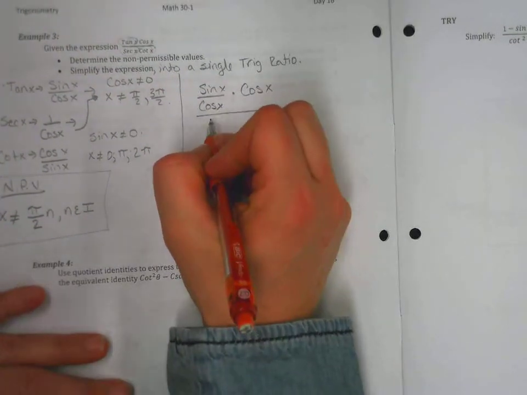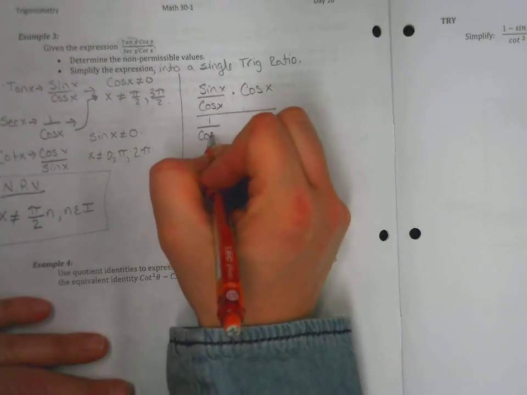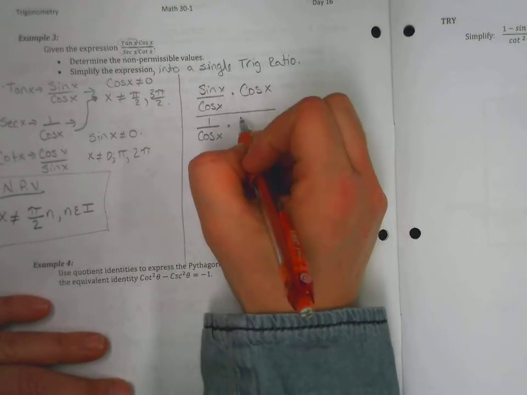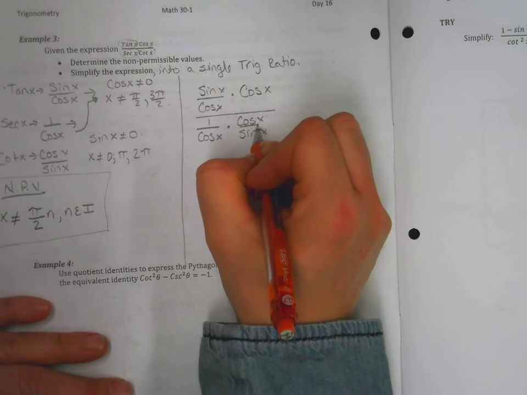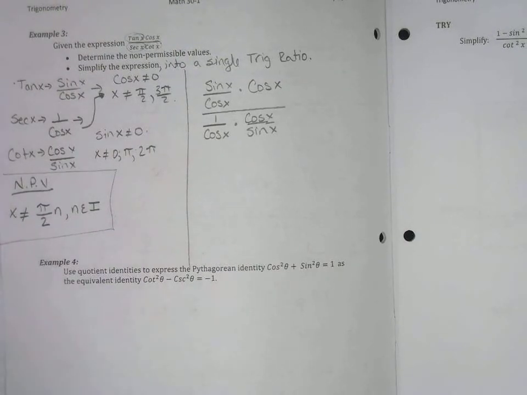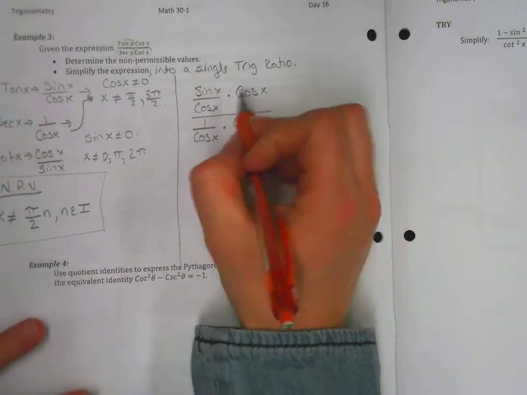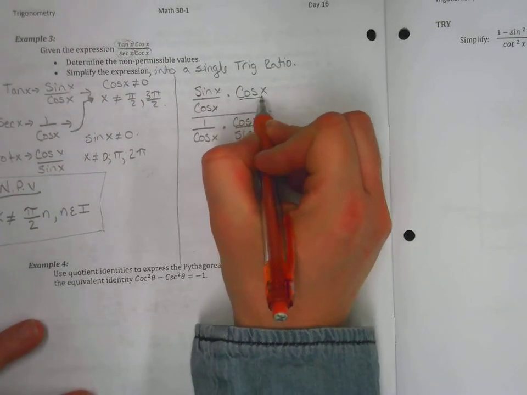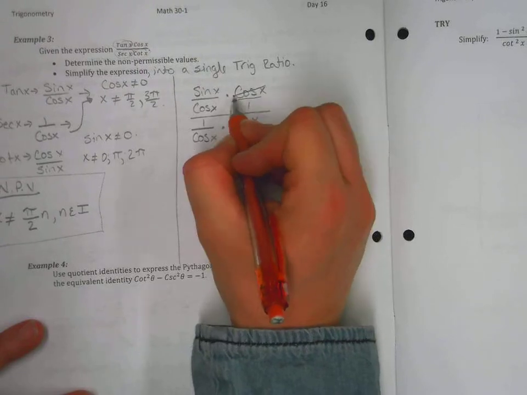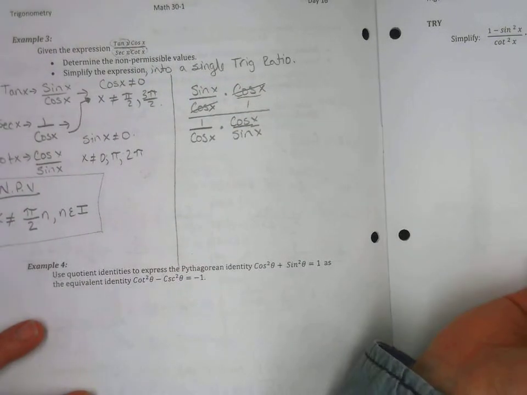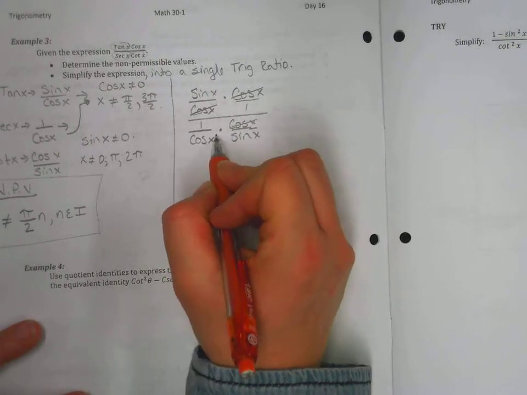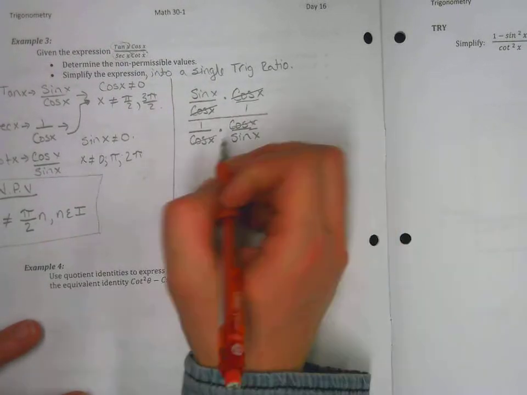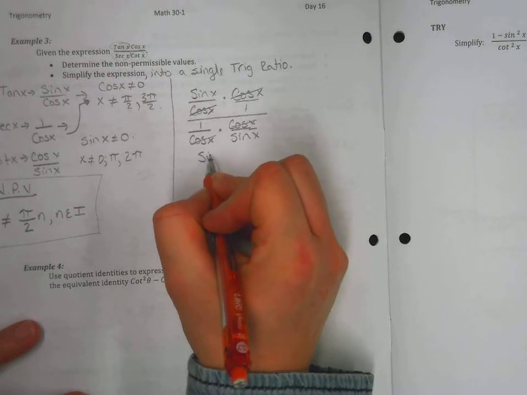So now we're going to look to see, well, can things cancel? Because this is a cross multiplication, cos of x is technically over 1. I could cancel this and this. In my denominator, my cos of x is also canceled. So what I'm left with is sine of x over 1 over sine of x. Now I'm dividing these fractions, so I'm going to multiply by the reciprocal.